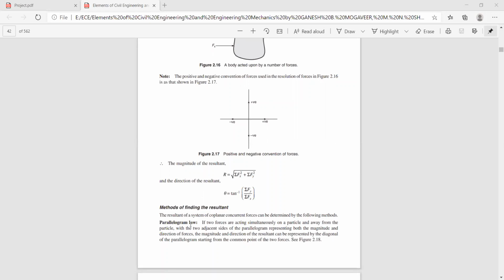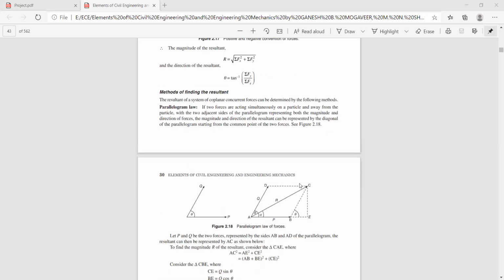It goes like this: if two concurrent forces acting simultaneously on a particle, that means two concurrent forces acting at a point, are represented in magnitude and direction by the two adjacent sides of a parallelogram, then the diagonal which passes through the point of concurrence gives its resultant. So that is the statement of the law of parallelogram of forces.